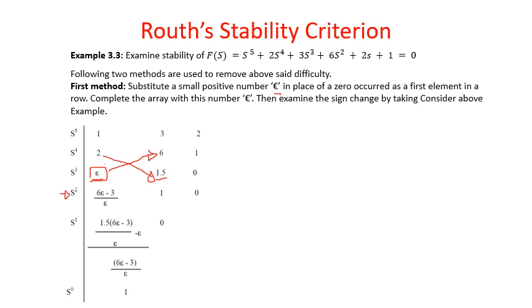You will be getting 6 epsilon minus 3 divided by epsilon. To fill the next one, epsilon multiplied by 1 will be epsilon, minus 2 into 0, that will be 0, whole divided by epsilon. So epsilon cancels, you'll be getting 1.